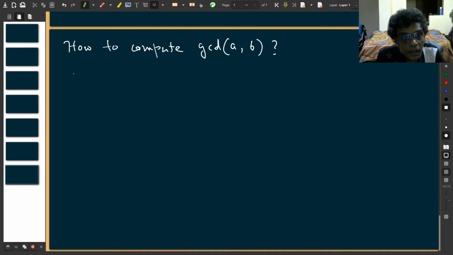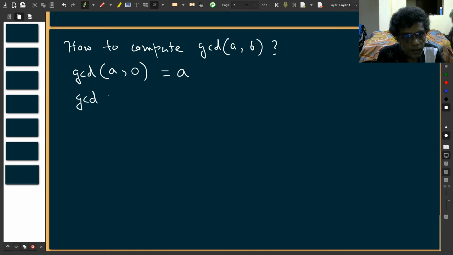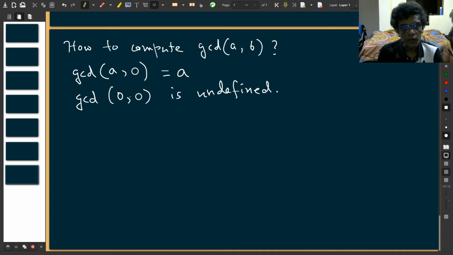Incidentally, I also mention that GCD of a and 0 for any positive integer a is taken as a for obvious reasons, whereas GCD of 0, 0 is undefined. Because every integer divides 0, if I want to maximize over them, there is no upper bound. 1 divides 0, 2 divides 0, 3 divides 0, 4 divides 0. So any positive integer is a common divisor of this 0 and this 0. Therefore, the greatest of them makes no sense. So this is kept undefined.